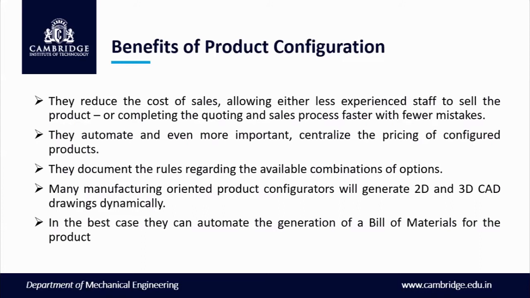They automate and, even more important, centralize the pricing of contract products. So once everything is automated, the more important part is that the centralized pricing is configured throughout the products. Then the document rules regarding the available combinations of options in different ways.